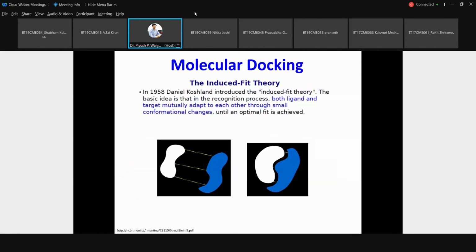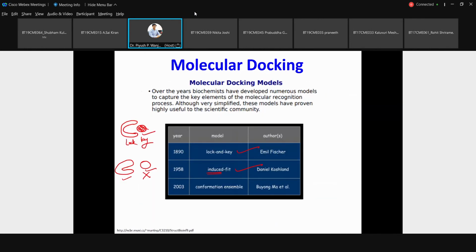Even though by looking at their initial structures you might say they would not fit well, it has been found with significant research that both of them mutually adapt to each other until an optimal fit is achieved. This is the use of the second theory. This should be understood, otherwise you will always look for compounds that have complementary shape, but that will not be the case.